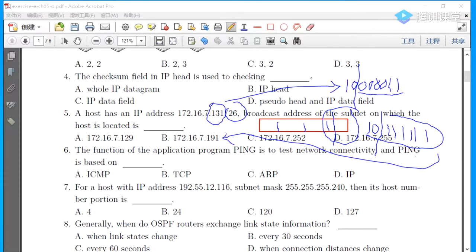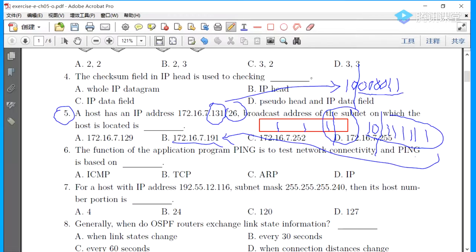We can get the answer B, right? Although this is a small calculation, it is somewhat complex, because we should determine the boundary, then turn the decimal notation to binary notation, then turn the binary notation back to decimal notation.